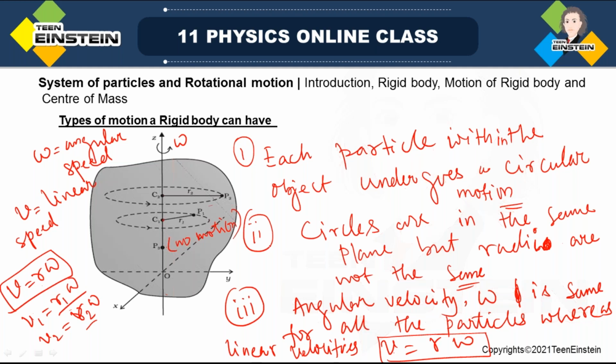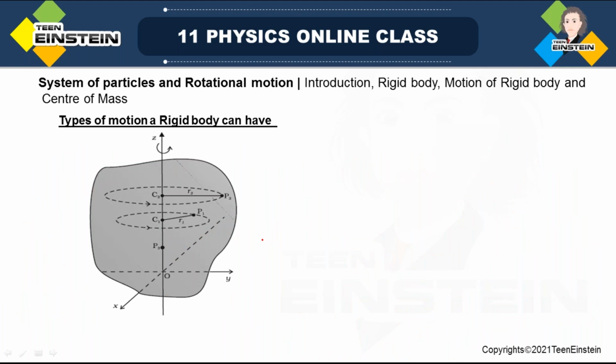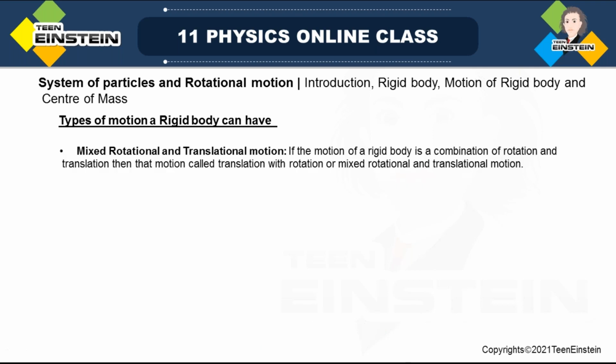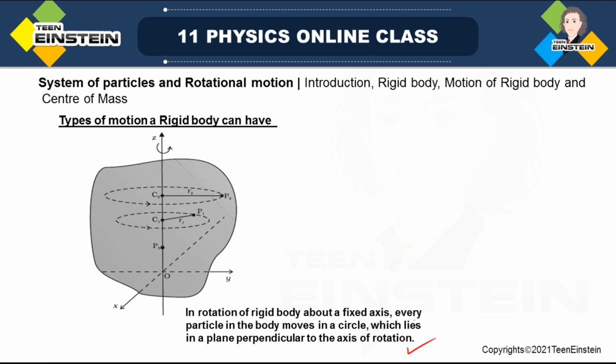These are all mentioned very nicely in the NCERT textbook. In rotation of a rigid body about a fixed axis, every particle in the body moves in a circle which lies in a plane perpendicular to the axis of rotation. So in pure rotation, you don't have translation, only rotation.